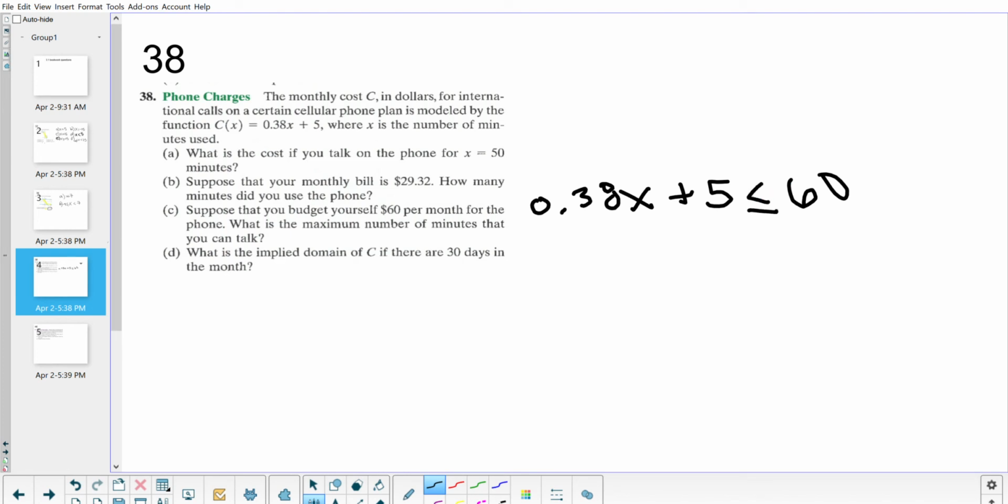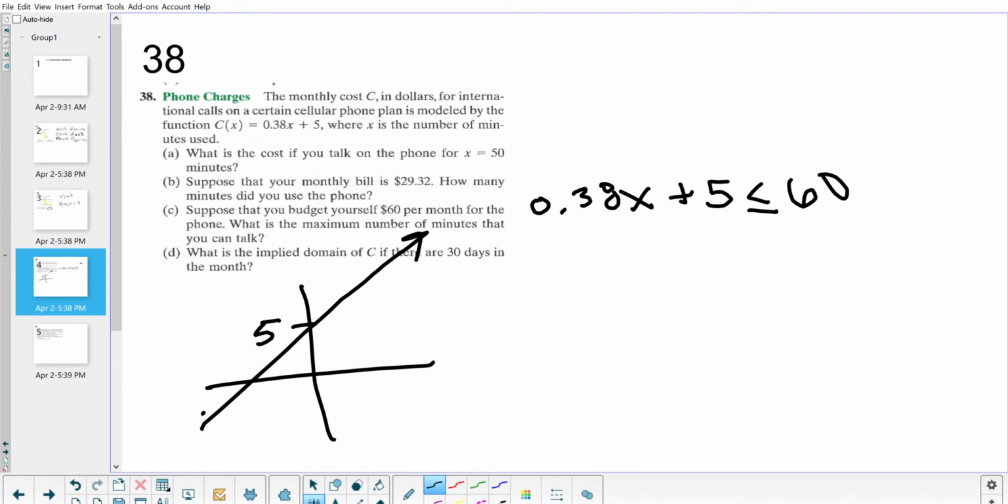That's what you would set up for part C. Okay, for part D, what is the implied domain? Okay, so you can graph this. If you were to graph this, up 5 and then you have this slope, like so.